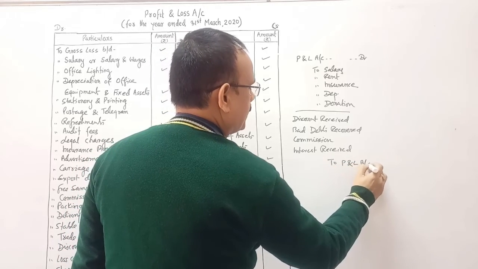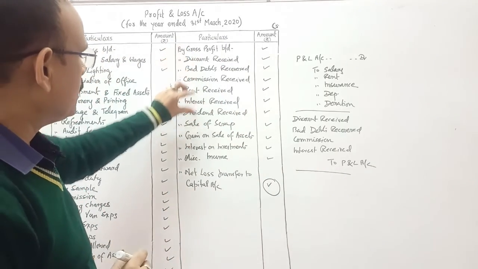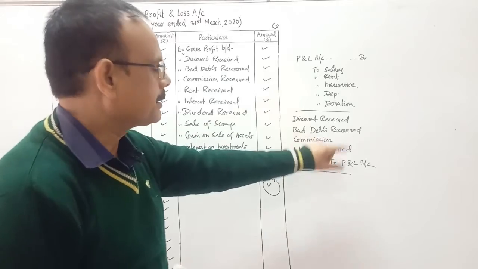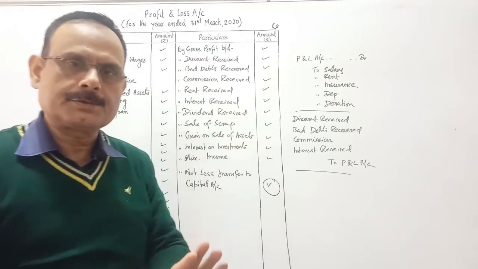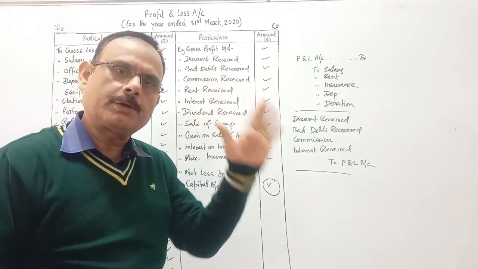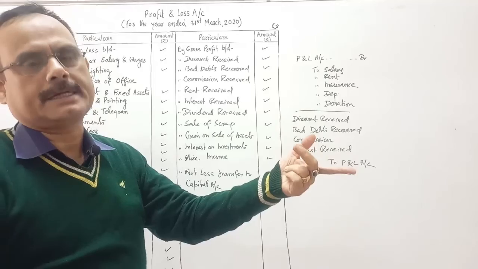All indirect incomes will be closed by transferring the balance amount to profit and loss account.